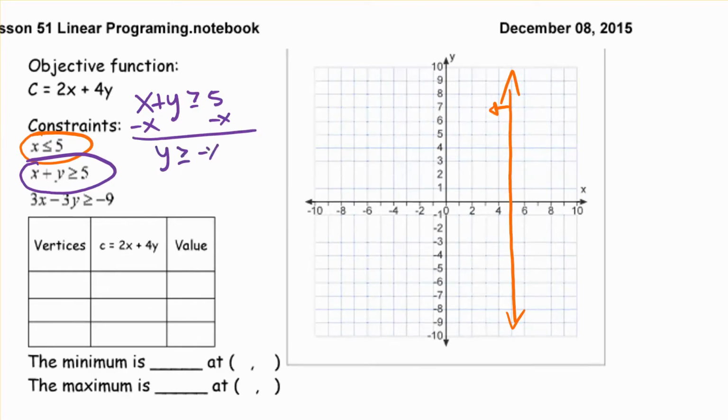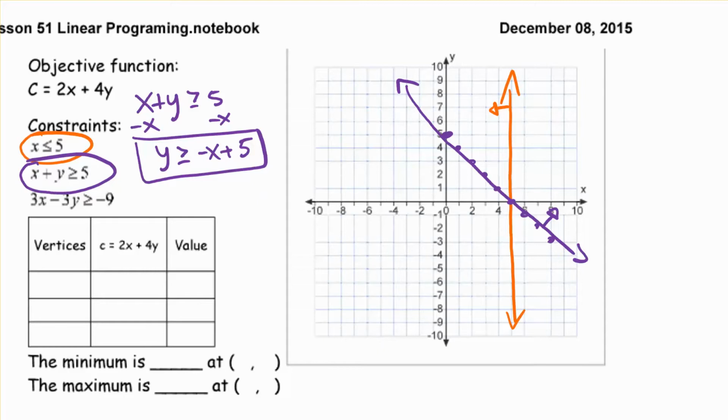Y is greater than or equal to negative x plus 5. Y-intercept is 5. Slope is down 1 over 1. Pretend I can draw a straight line. And we're going to shade the top of this line because it's greater than.